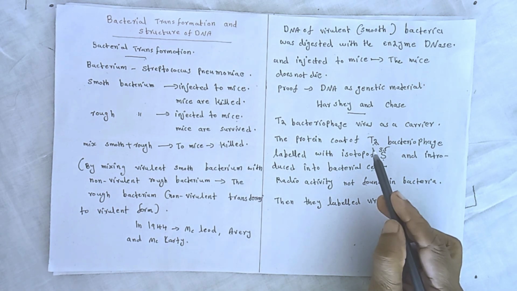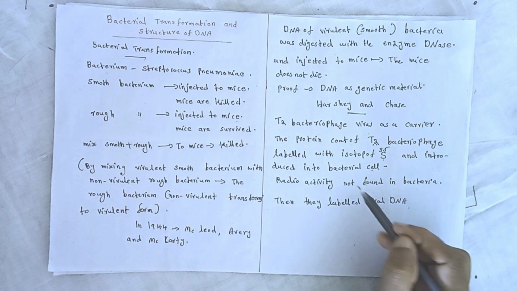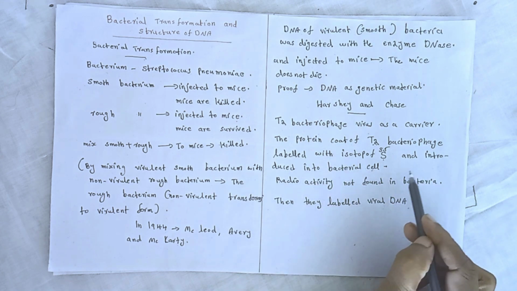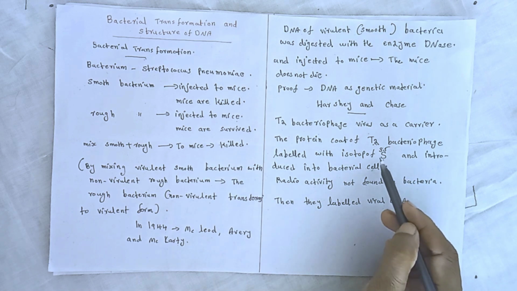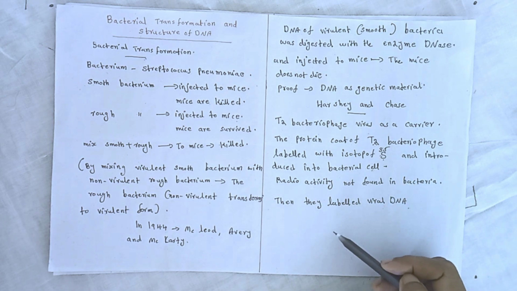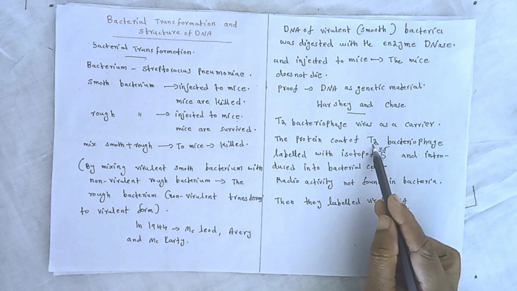This T2 virus has a protein coat and a DNA core material. First they experimented with the protein coat, adding an isotope of sulfur on the protein. Next, they labeled the DNA part of this virus with radioactive phosphorus.